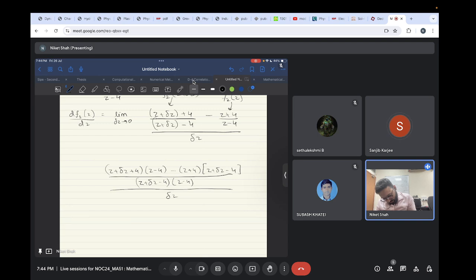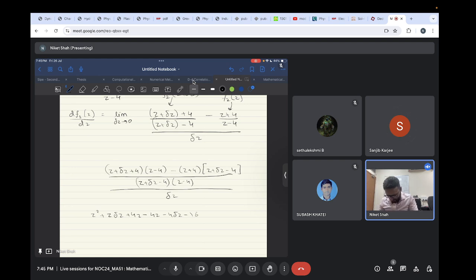So what this gives me is z square plus z delta z plus 4z minus 4z minus 4 delta z minus 16.